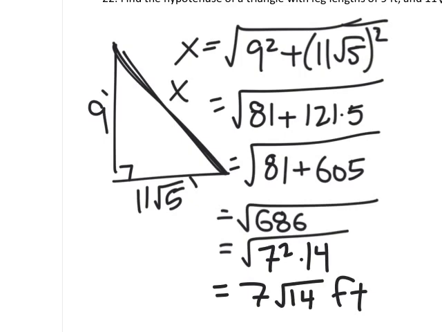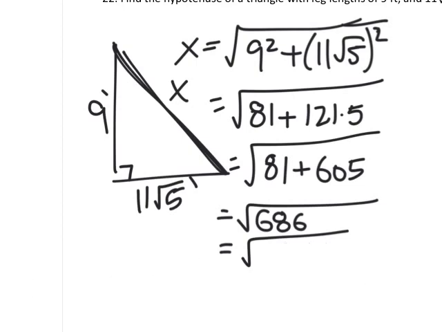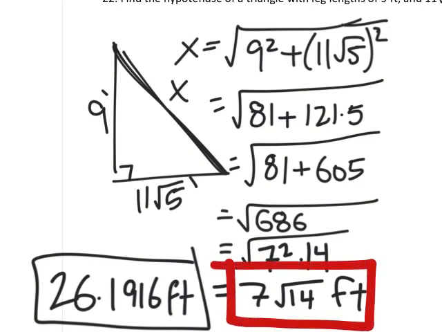Alright, and if you wanted to go the extra mile for some reason, taking a huge risk, then you may write this as a decimal, 26.1916 feet. I just rounded to the nearest fourth, but again, I highly recommend that you make your answer just the exact value, which is 7 times the square root of 14 feet.